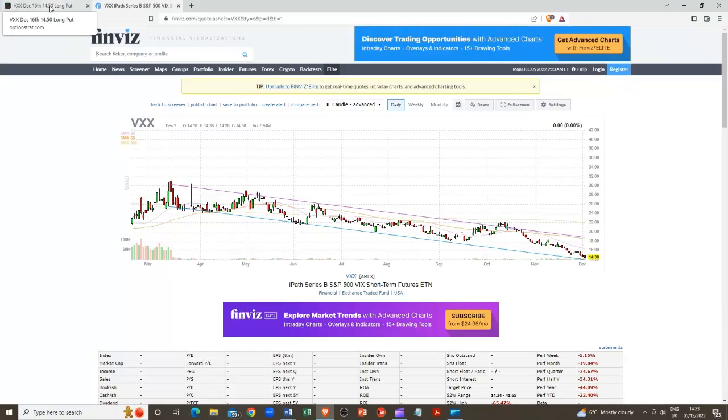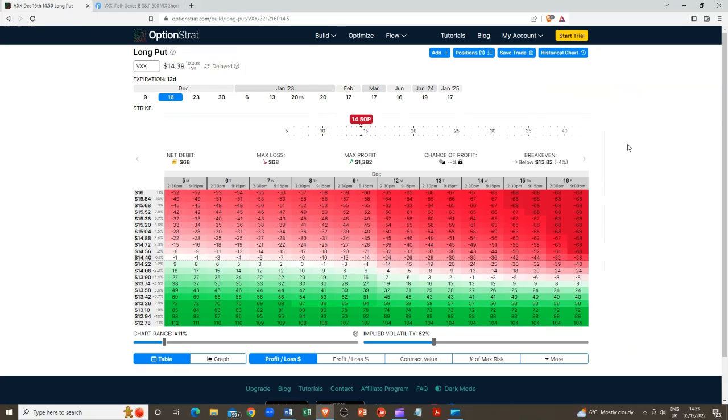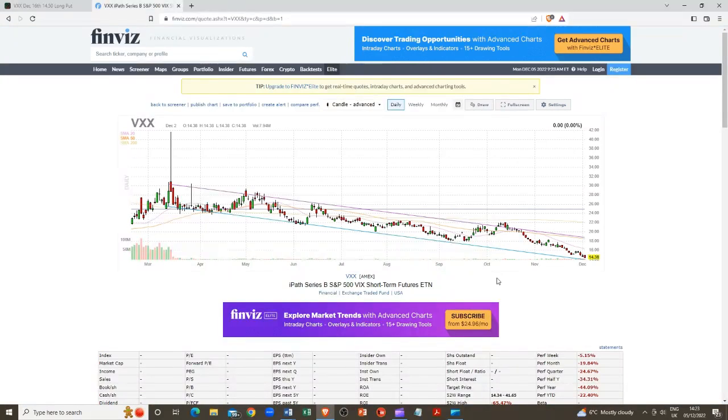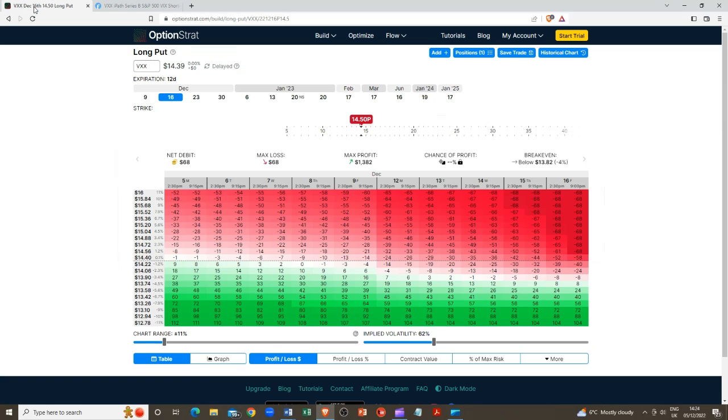Now, if we go to Optionstrat and we type VXX, for the December 16 expiration, you can buy the 14.50 put, and the expectation here is that VXX seems to be dropping because you've had lower highs and lower lows. That means this seems to be continuing with its bearish direction, and it doesn't look like it's about to turn around soon.